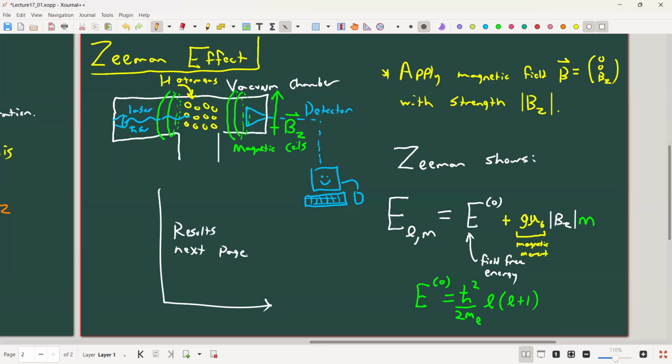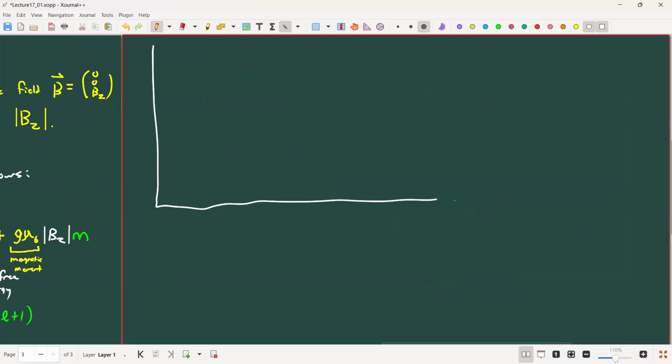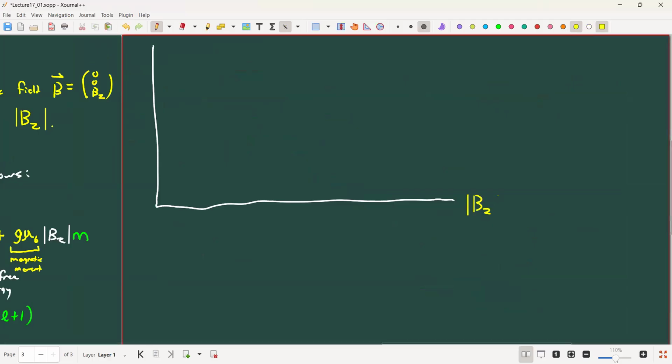Well, what we should expect is that depending on which orbital we're in, we'll get a different energy. Let's draw a little energy diagram. And on the x-axis is the strength of the field.